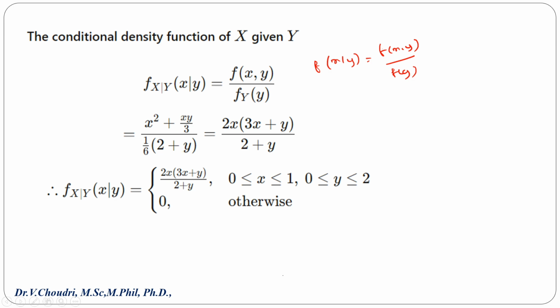Take LCM in numerator and denominator: 3x square plus xy divided by 3, divided by 2 plus y divided by 6. So 6 and 3 cancel by 2. So we can write 2, take x common from here, so 2x into 3x plus y, and the denominator 2 plus y as it is. So this is the conditional density function of x given y.